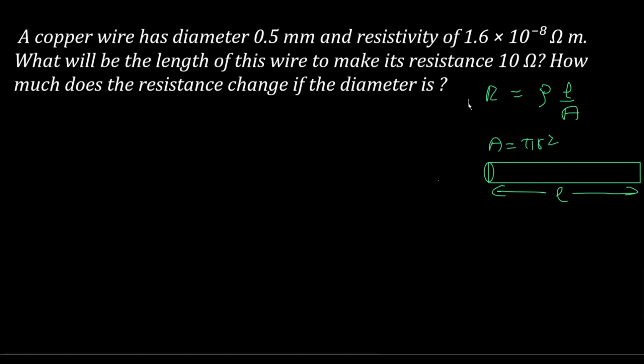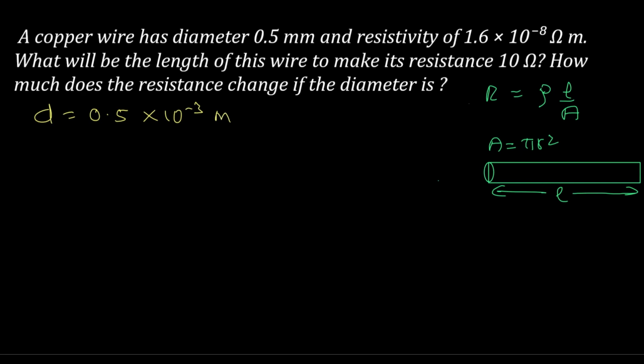Now, if I read it, it says that there is a wire of diameter 0.5 mm. We are concerned about the radius, so I can say the radius will be half. If I write down the diameter, it is 0.5 mm, and I should multiply this by 10 raised to the power minus 3 to convert to meter.